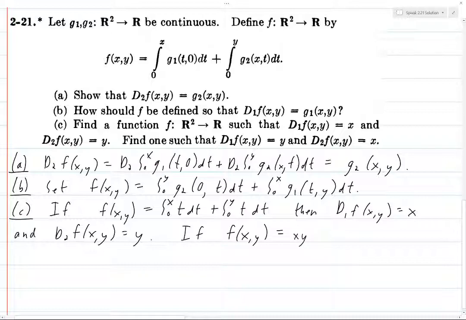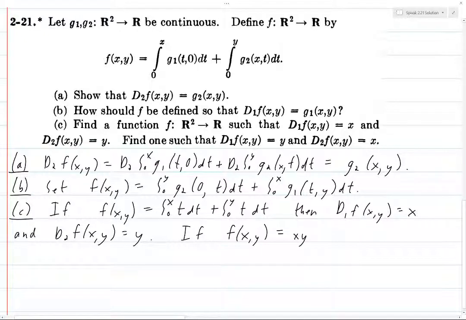And I'm not exactly sure how the first part is supposed to be super useful in obtaining this. Well, wait, no, it would just be the integral from 0 to y of x, which when you evaluate it, because x is just a constant function, is just x times y.